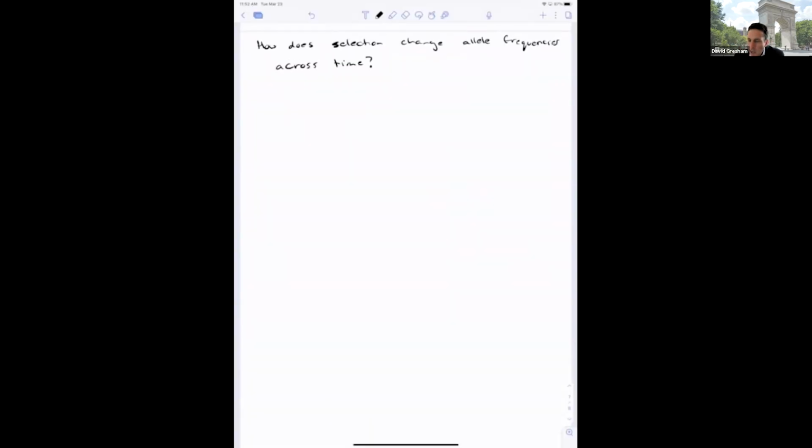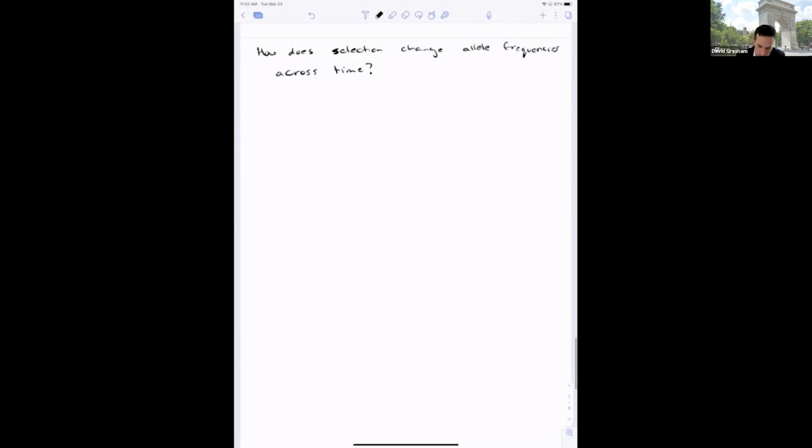So moving along now, I want to consider how selection is going to act to change allele frequencies across time. We can expand our understanding of Hardy-Weinberg equilibrium to think about how selection, on top of the principles of Hardy-Weinberg equilibrium, is going to alter allele frequencies across time.